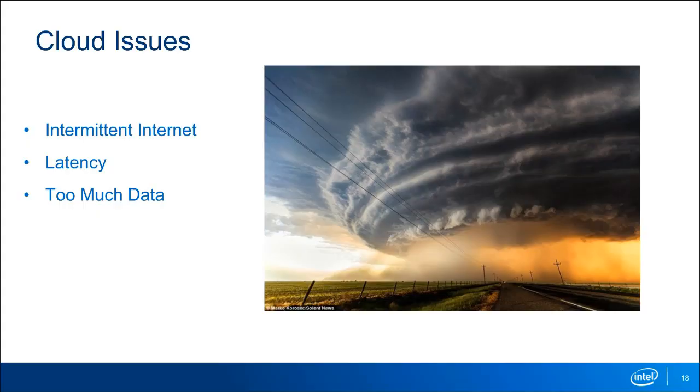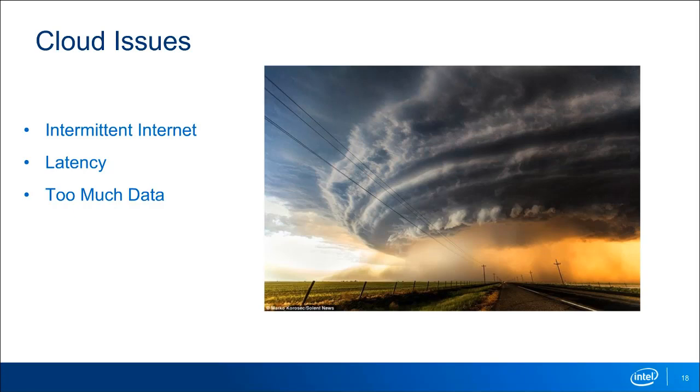So despite all the benefits of MQTT, and despite the fact that shadows help you alleviate some of those issues, there's still going to be some problems using a cloud-based compute model. For instance, if you're depending on the cloud compute to control, let's say, a factory, and the internet drops out due to some weather phenomenon, let's say blowing out a power line somewhere, your factory would be left without a means of controlling itself.